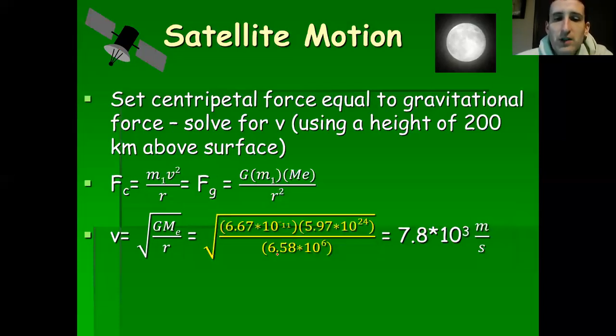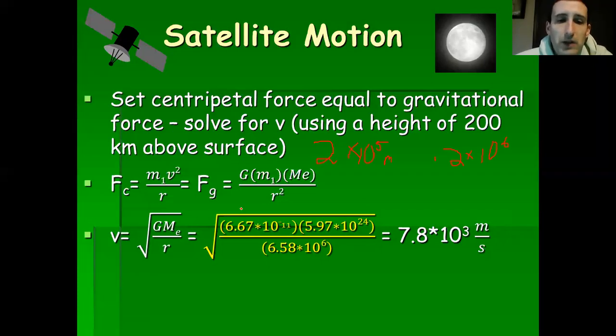And you'll see that here as we plug in the numbers. Earth's radius was 6.38 times 10 to the 6th meters. Now we're at 6.58, because 200 kilometers comes out to be 2 times 10 to the 5th meters, or 0.2 times 10 to the 6th. That's what we needed added: 6.38 becomes 6.58 when we add 0.2.